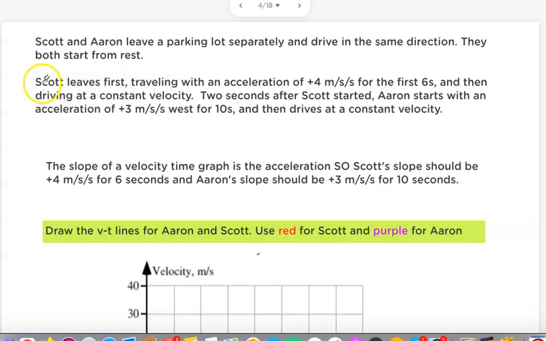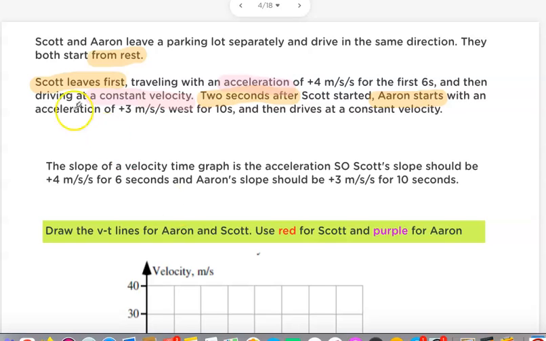First of all, Scott leaves first. They both leave from rest. And then 2 seconds later, Aaron starts. So they're not starting at the same place. The other thing I want you to notice is that both people's motion have an accelerated motion part, so acceleration, and then they have a constant velocity piece.